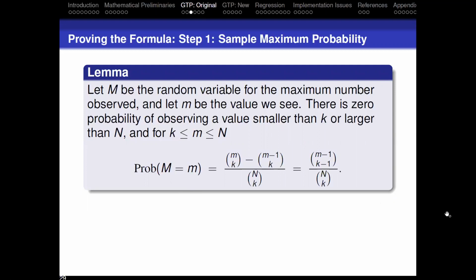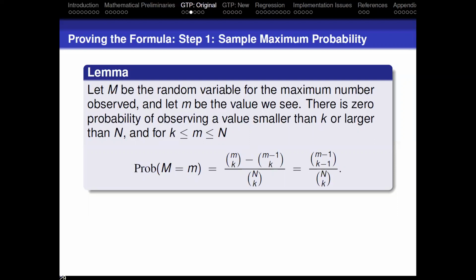There's a couple of ways we can see this. In the first expression over here, we divide by n choose k. That's the number of ways we could choose k tanks from n. And we want to see how many of those choices have little m as their largest serial number. Well, there are m choose k choices that have the largest serial number at most m, because we can't choose anything larger than m.